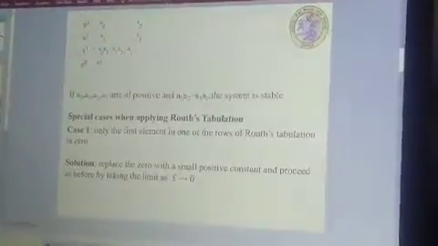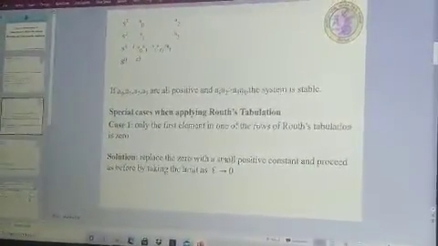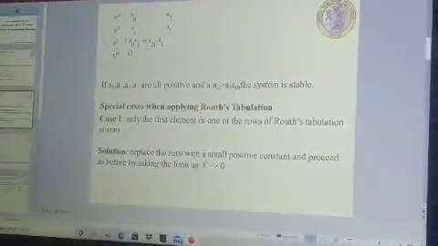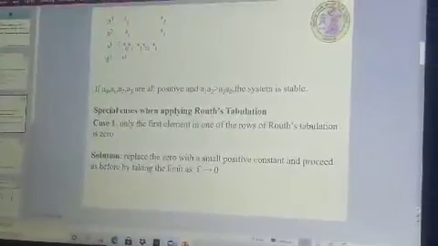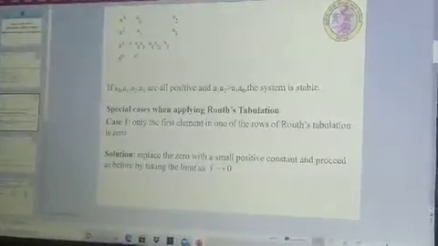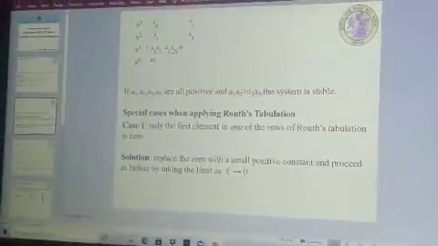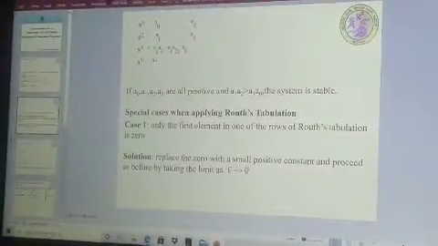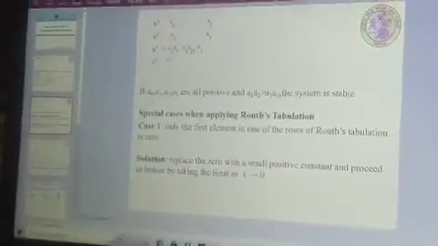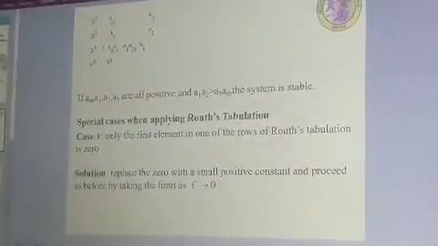Out of the coefficients of the Routh tabulation, the first element in any one of the rows is 0. Any one of them, either A0 may be 0, A1 may be 0, or this may be 0, or this may be 0. Any first element in one of the rows of the tabulation is 0. For that, what do you have to do? The solution is to replace that 0 with a small positive constant like epsilon and proceed as before by taking the limit as epsilon tends to 0.